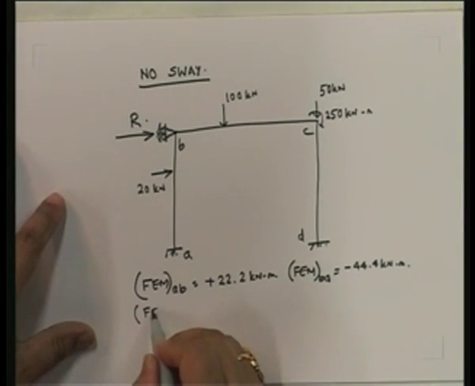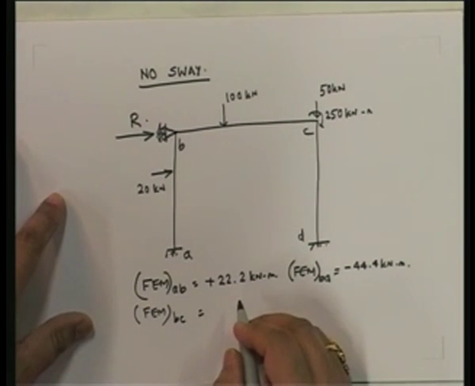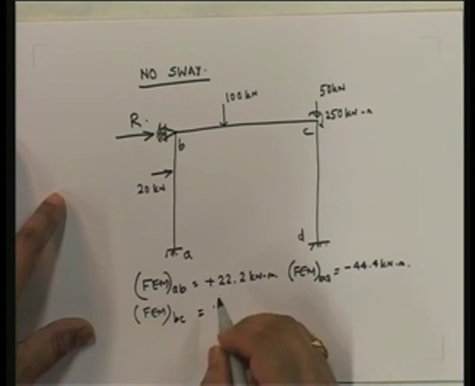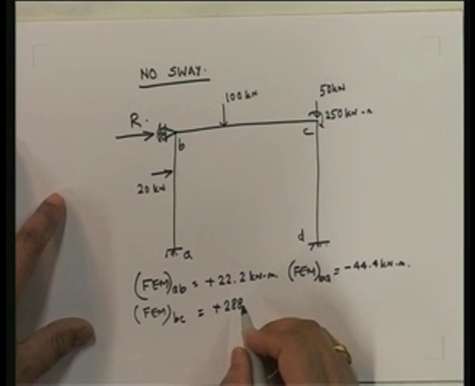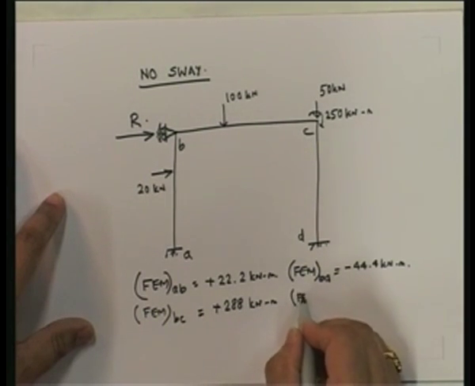Then fixed end moment BC is equal to plus 288 kilonewton meter.